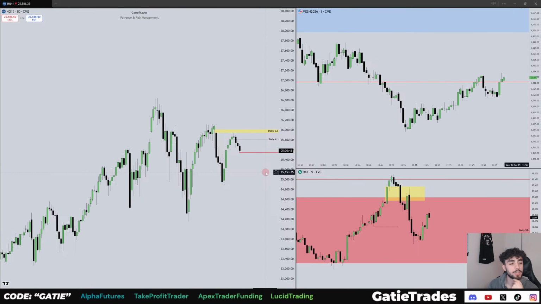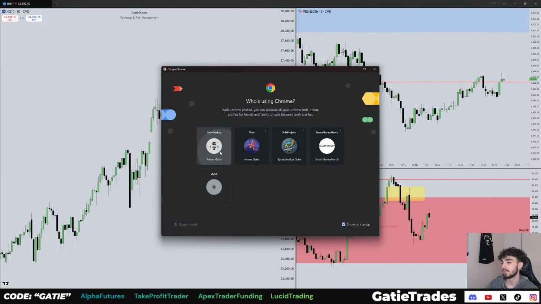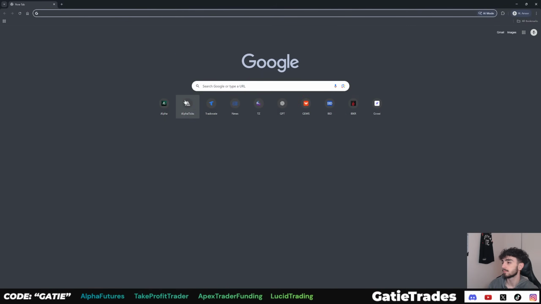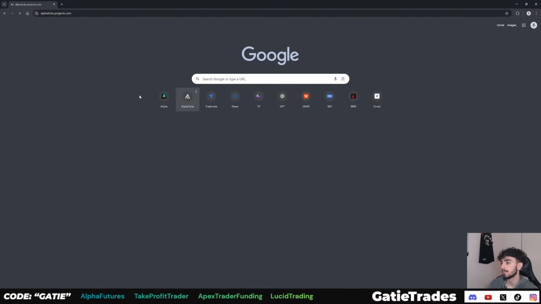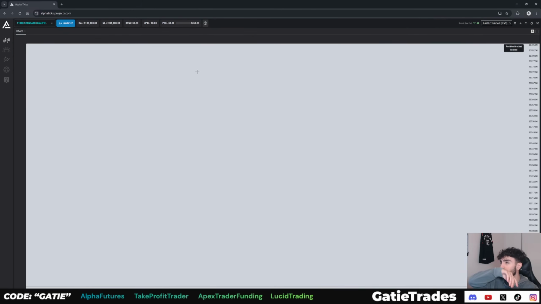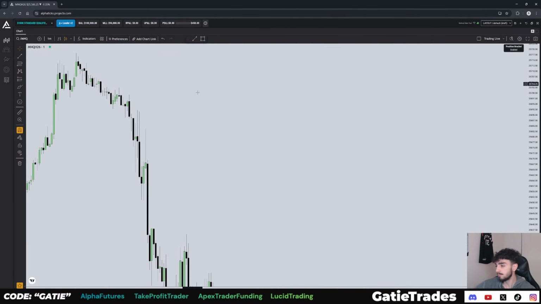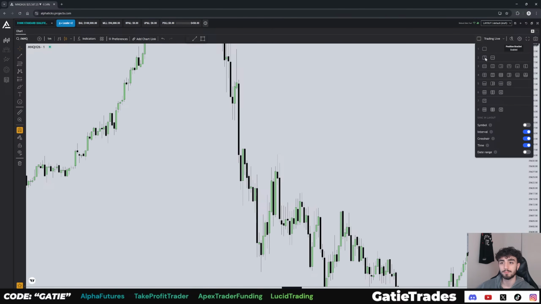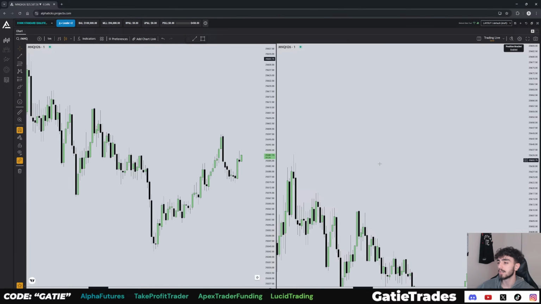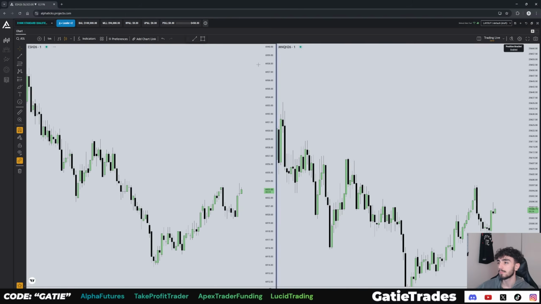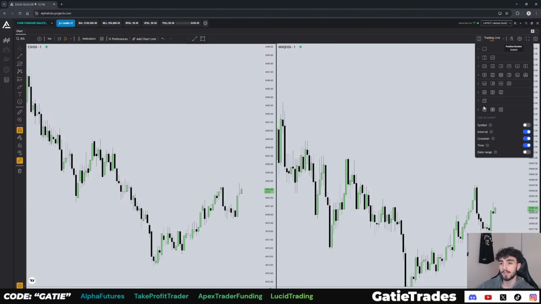Can you show how to copy trade on Tradovate and how you split symbols on Project X? Sure. First I'll show you Project X. You click this, you get the layout. But you see here, it's split, because when you click here on symbol, you don't want to sync that.